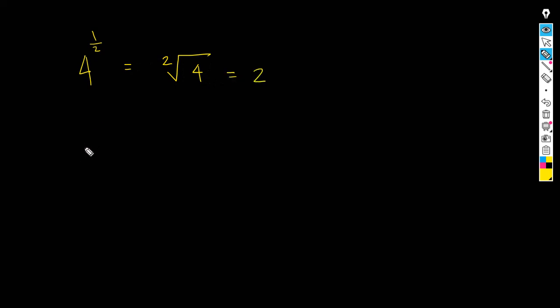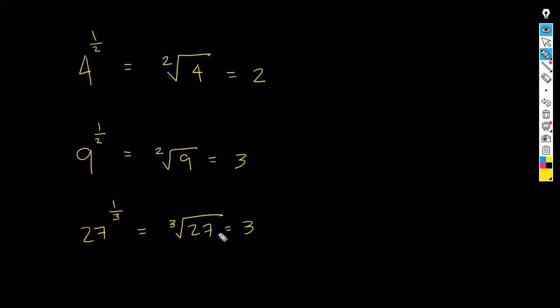When we see 9 raised to the 1 over 2, what this means is the square root of 9, which we know is 3. When we see 27 raised to the 1/3, that's equal to the cubic root of 27, which we know is 3, etc.